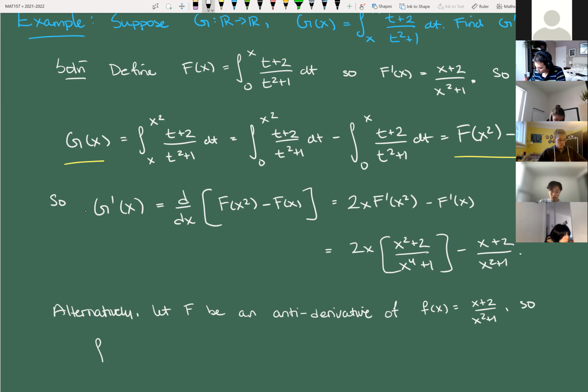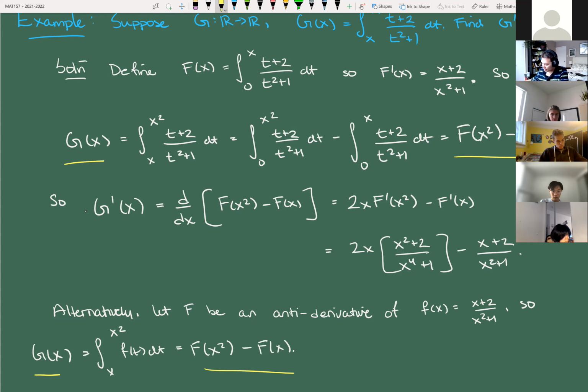So the integral from x to x squared of little f of t is capital F of x squared minus F of x. And this is exactly the yellow stuff above.